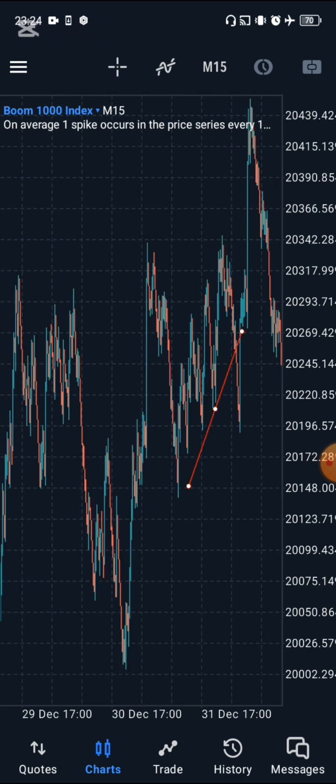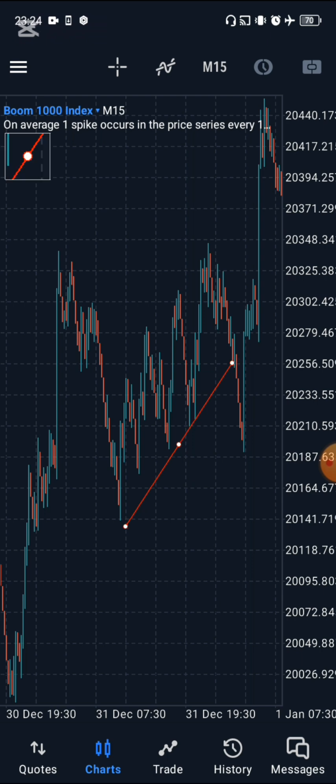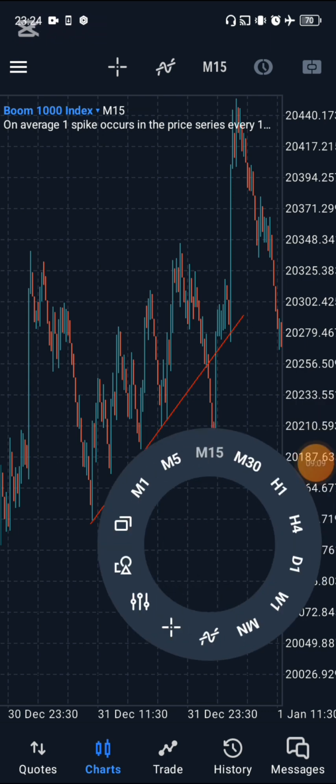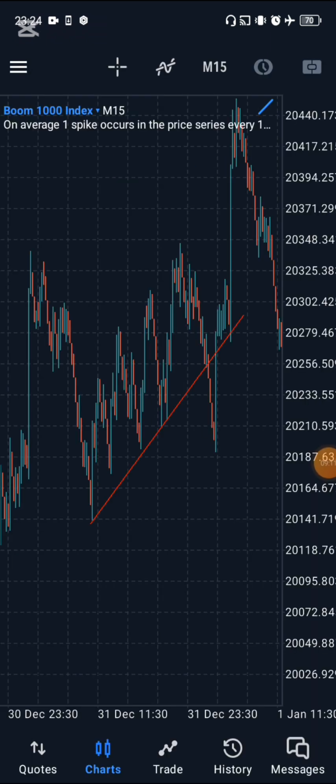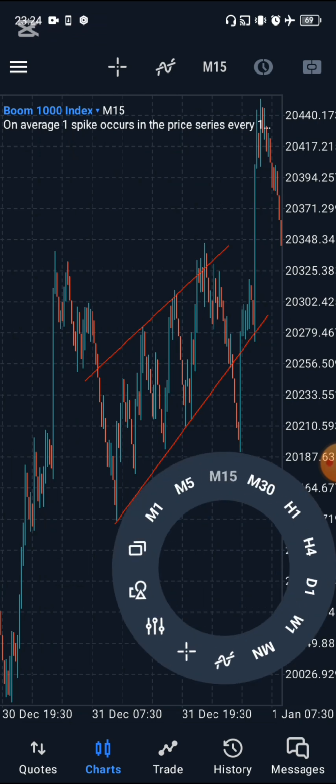Let me zoom in a little bit. I could have entered because this flag is more appealing to me. Let me draw another trend line over here. As you can see, this flag is clearer, unlike this impulsive move to the upside over here.